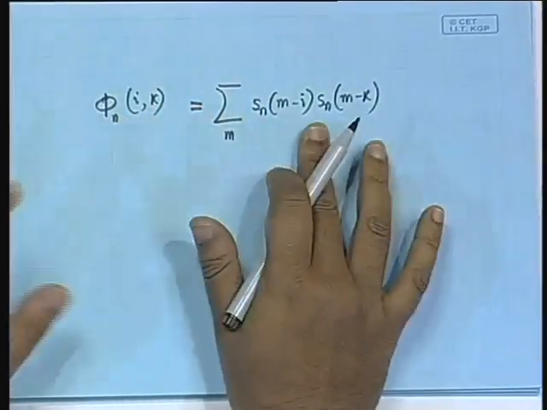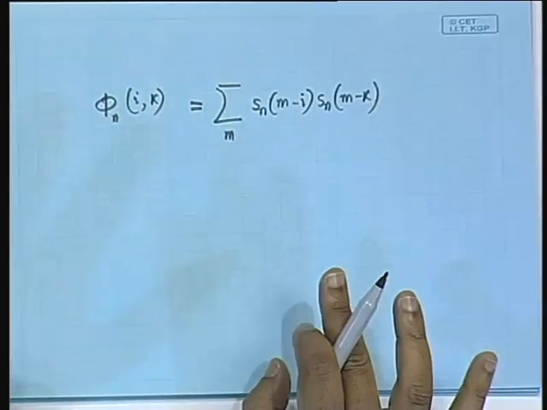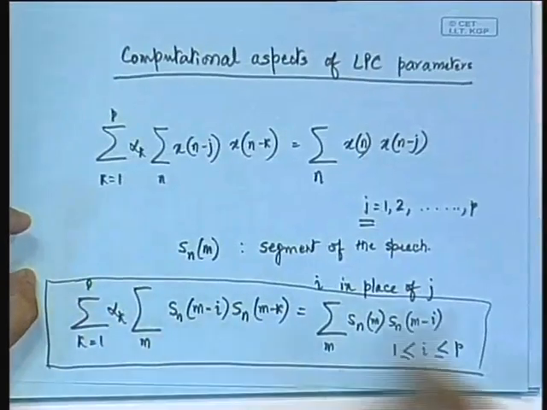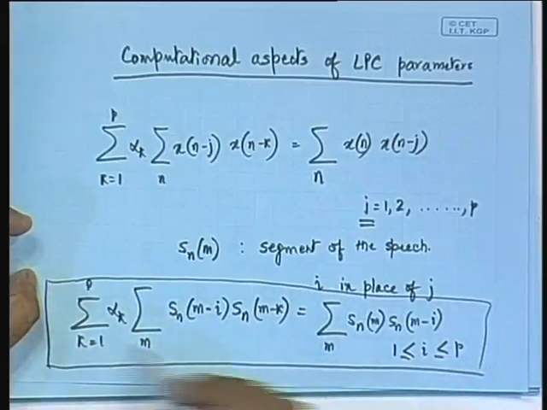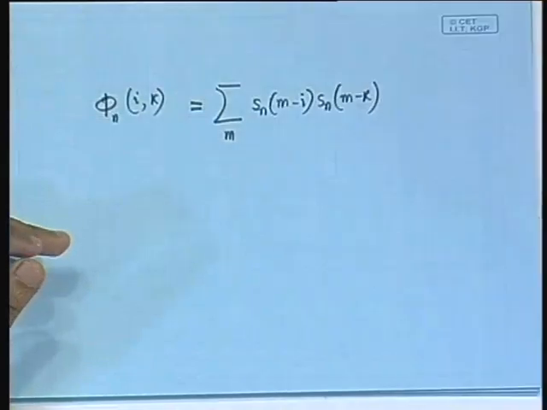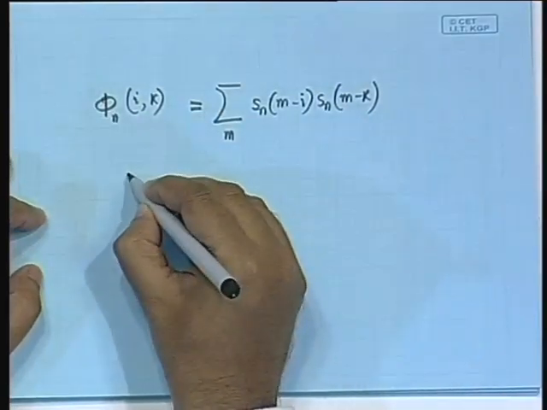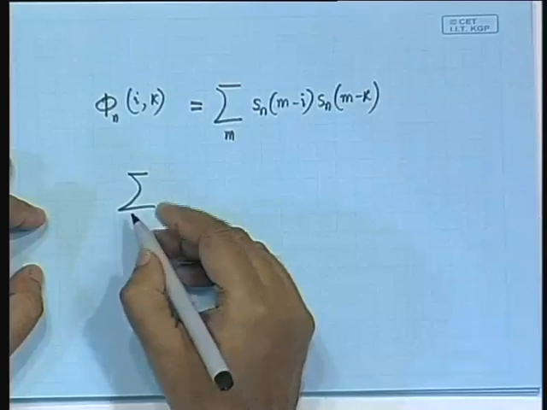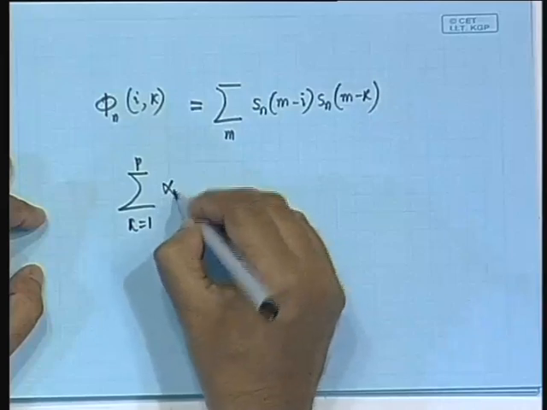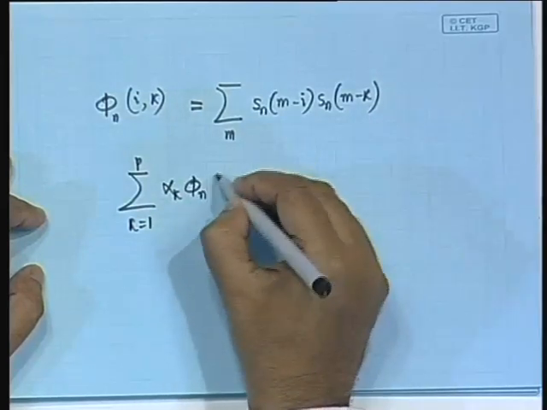In fact, we are going to show that, just by a change of variable, but let us introduce this notation, phi n (i, k), the autocorrelation we define this way. In terms of this notation, we can rewrite the equation as summation k equal to 1 to p alpha k phi n (i, k).